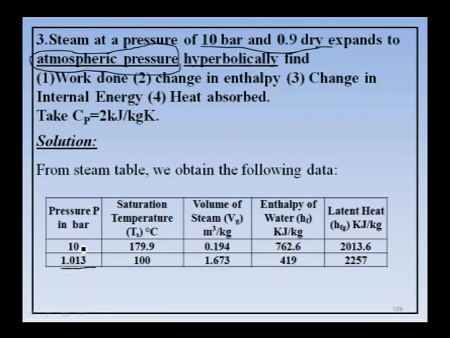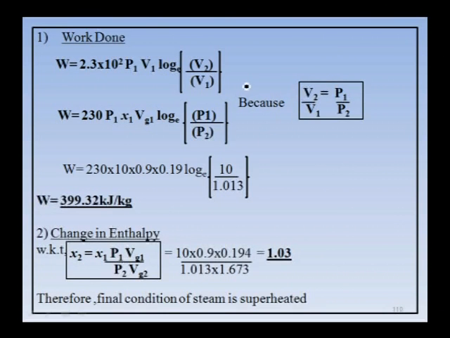See, this is P1, this is P2. Therefore, I have taken P1/P2. So, substituting the values, P1 is given, x1 is given, Vg1 is there from the steam table, and here P1 is 10 and P2 is 1.013 bar. So, you will get around 399.32 kilojoules per kg.